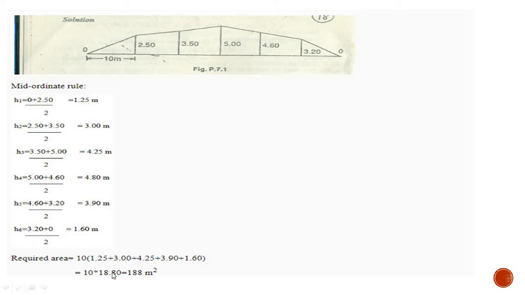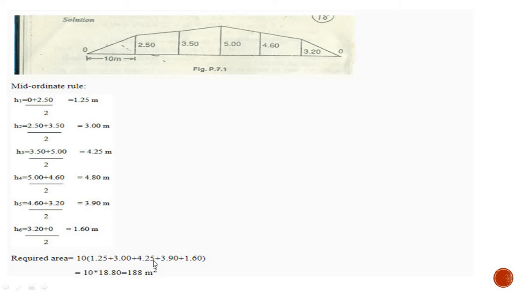Okay, this value is correct, but here while adding up 4.8 is missing. So 10 into 18.8 equals 188 meters square. While approaching the numericals, it is very important that you should mention the units properly.